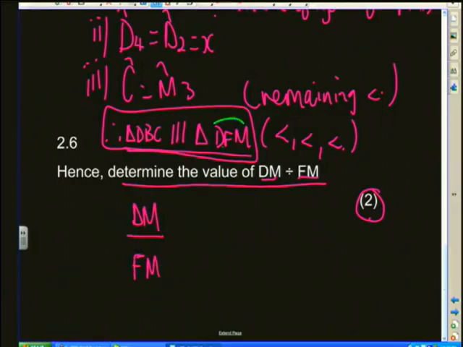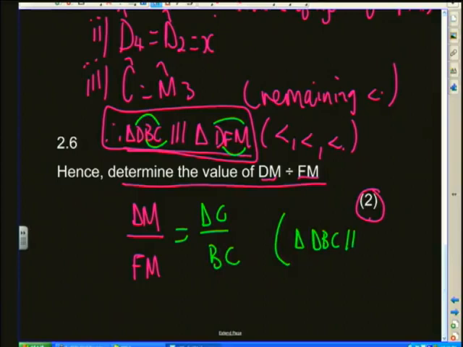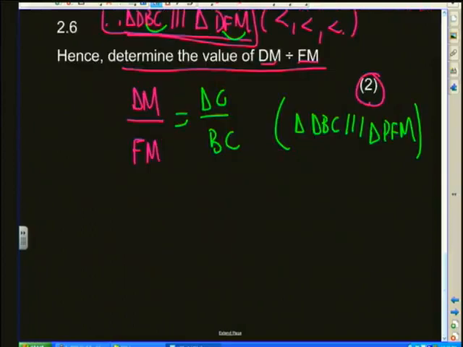DM over FM from proportion will be equal to DC over BC. This comes from the fact that triangle DBC is similar to triangle DFM. This is why it's important to get your order correct, because you can then make deductions straight from what you've proved. So DM over FM is equal to DC over BC.